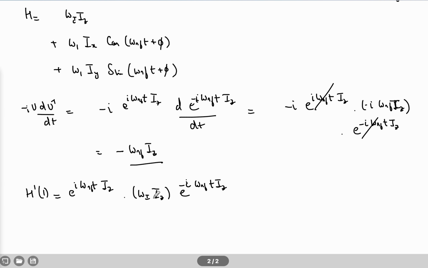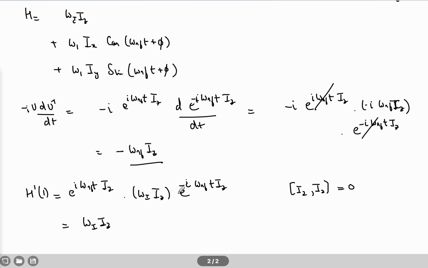If I'm applying the BCH formula onto this, you will see that all the commutators will be Iz-type terms. Because it's the same operator, Iz commutes with Iz, which means all such terms will go to 0. So you're left with only the first part, which is nothing but the same, omega I Iz. This is also understandable because there is no time dependence to it.